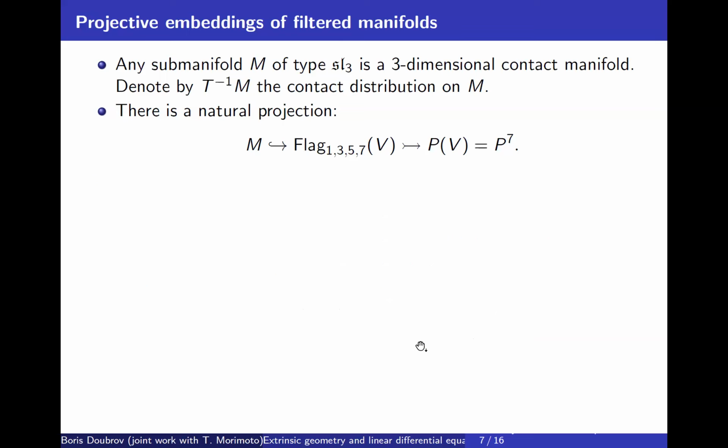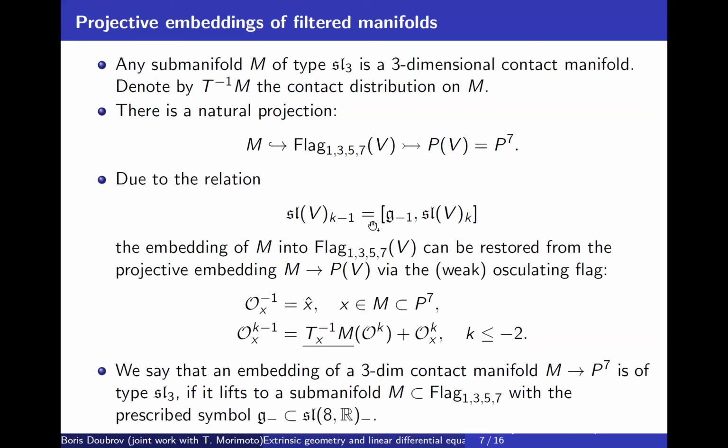It turns out that if we start from M in the flag variety 1, 3, 5, 7, 3 and fix a symbol of this embedding, and then project that back to P7, then the complete embedding of M into the flag variety can be reconstructed from just the embedding of M to P7 via this weak osculating flag. Such things are one-to-one.